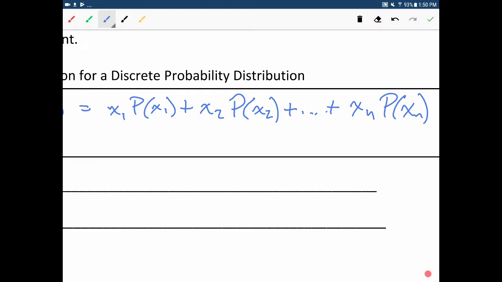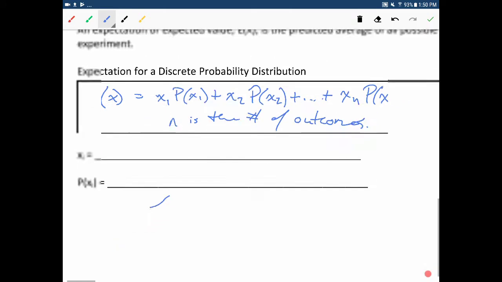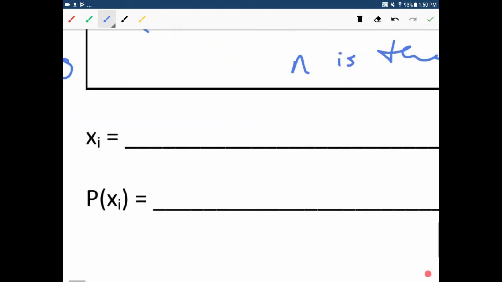So n is the number of outcomes in this case. I also have to define xi. We didn't write any i's here, I wrote 1, 2, and 3 because that's the idea. It's just a number that changes. So this is the random variable.